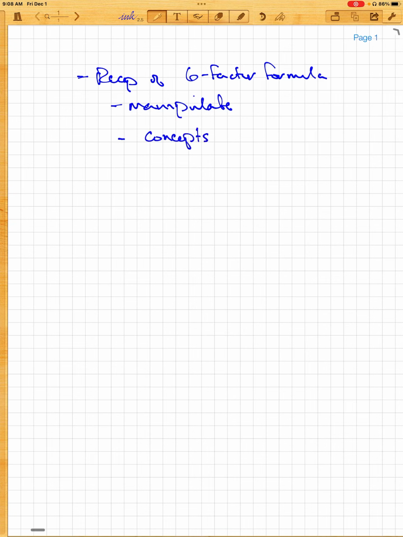Number one is going to be the moderator to fuel ratio. And number two, the concept of overmoderated, undermoderated, and what we do to control the reactor under each of those conditions. So with that brief intro, I'll go ahead and start right now.